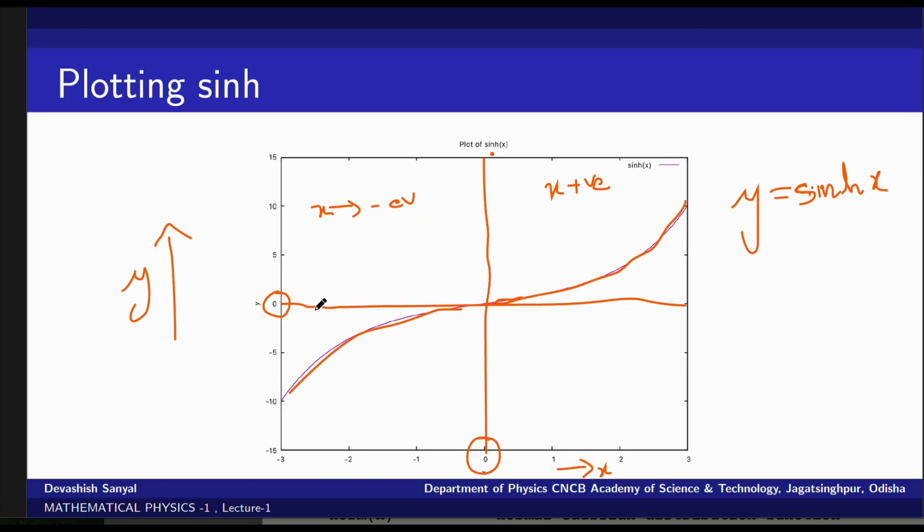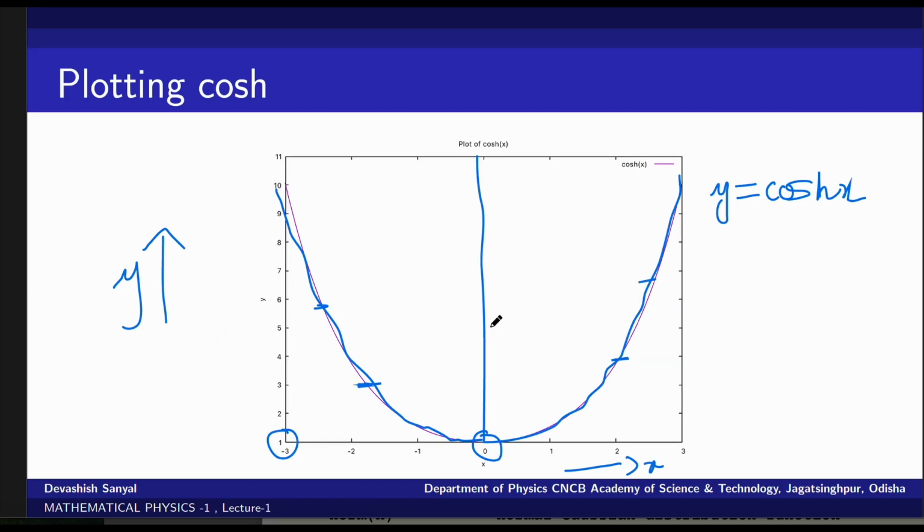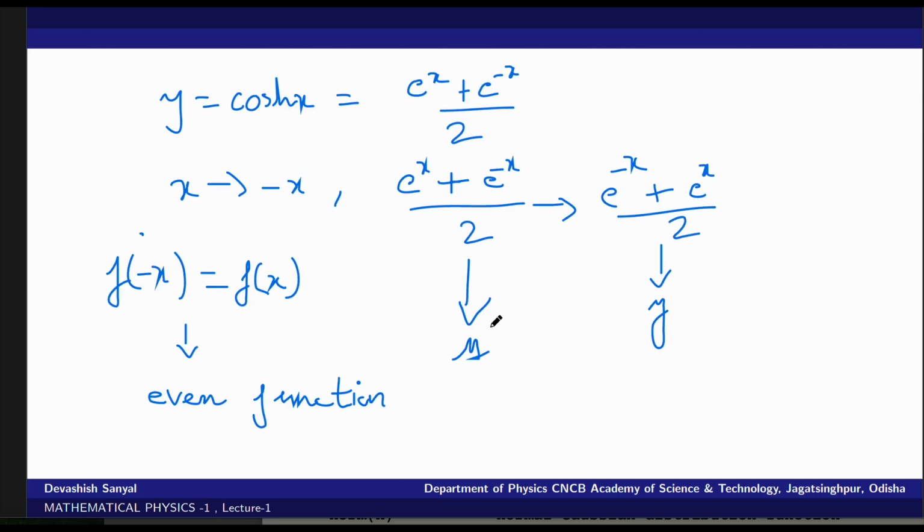Whereas in the other case, for minus x, you will have the negative value. This is plus, this is minus, you will have the negative value here and the positive value there. Here this function is odd, here this function is even. So that is the logic.